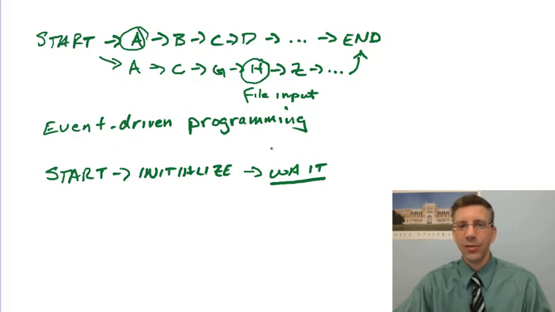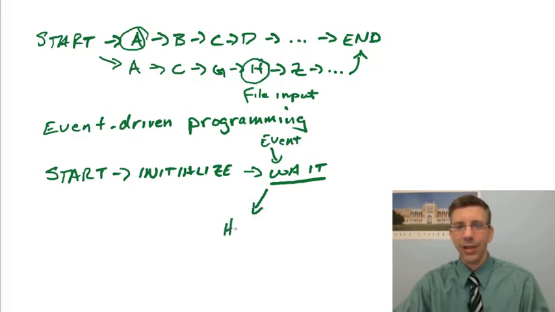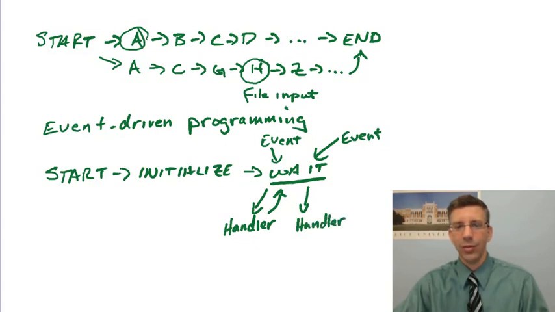So sometime in the future, some event occurs. We'll talk about what events are in a second, all right? And when that event occurs, I run some function which is called a handler. That handler executes. When it completes, I go back to waiting. Sometime in the future, another event occurs. I execute another handler, and this handler is probably different because that event was probably different.